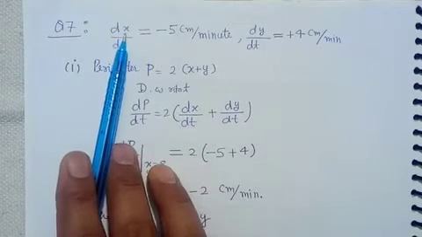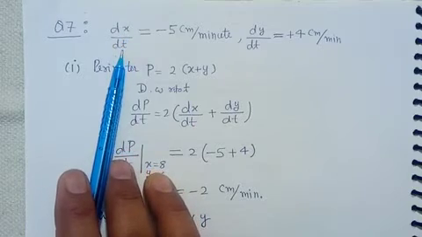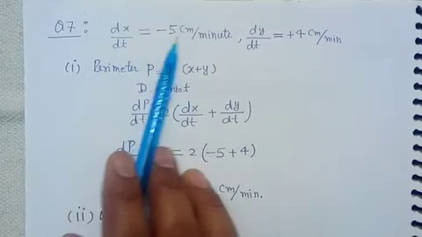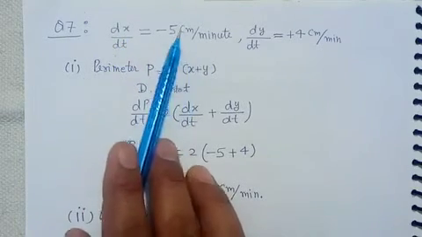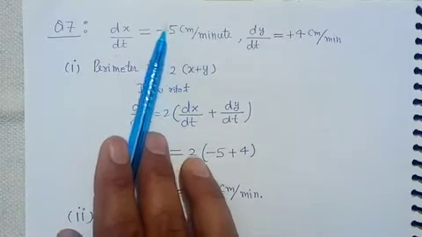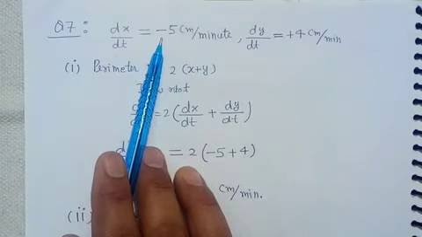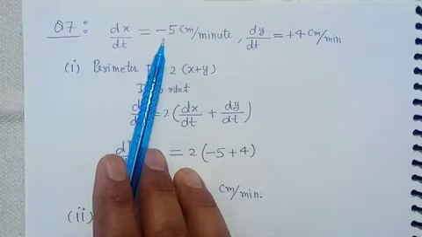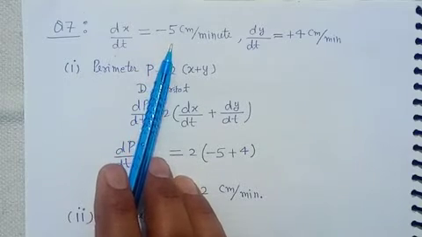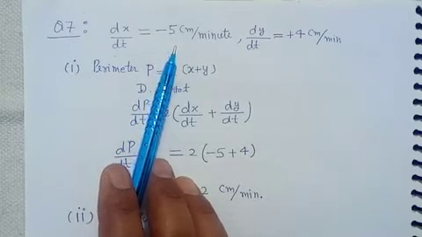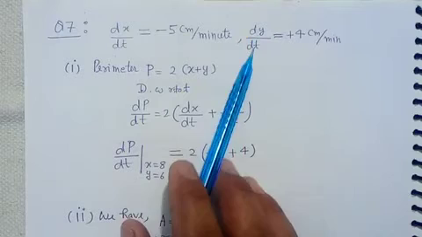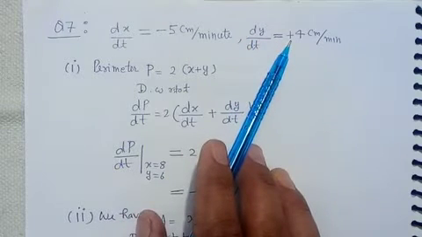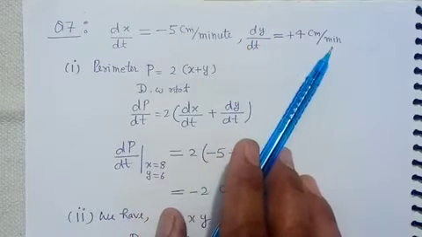It means the rate of change of x, that is dx upon dt, is given 5 centimeter per minute, and it is reducing at this rate, so it will have a negative sign. And width y is increasing, so dy upon dt will be positive, at the rate of 4 centimeter per minute.